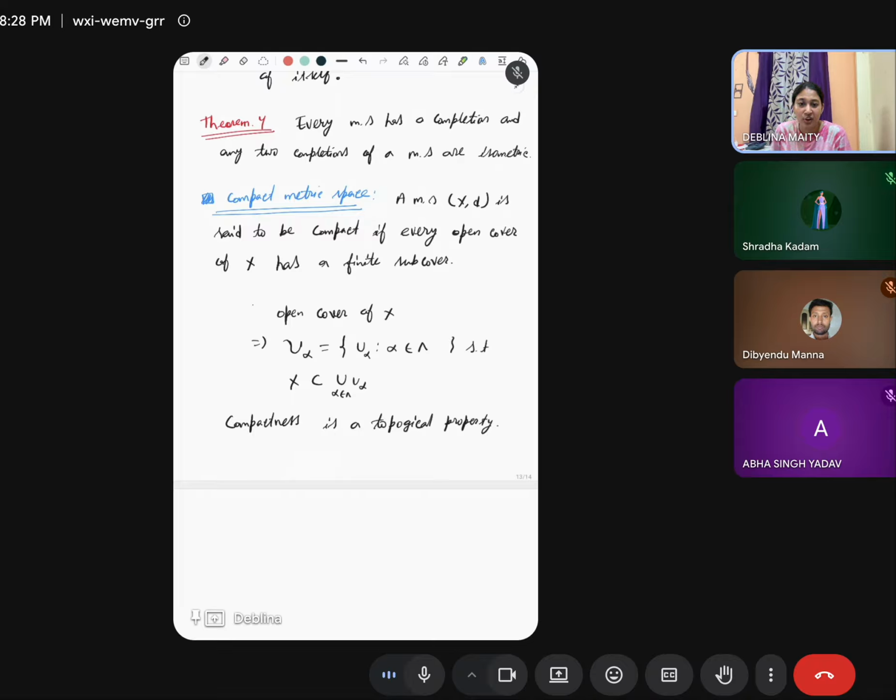Because it depends on open sets, and it is also a metric property.